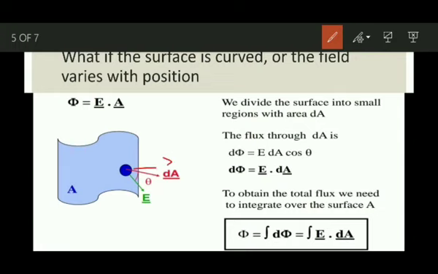Now we check the angle between the area vector and the electric field vector of all the elements and add them. Thus we get the total electric flux passing through the area of the object, so the electric flux phi is equal to the integration of d phi, which is the integration of E dot dA.